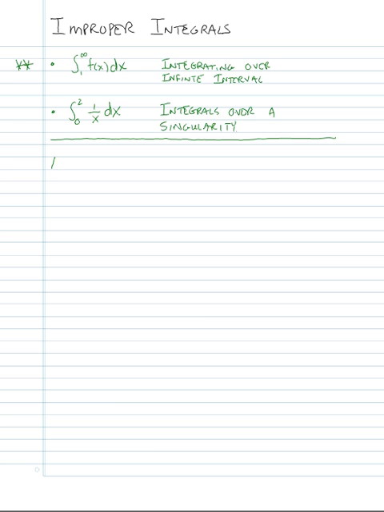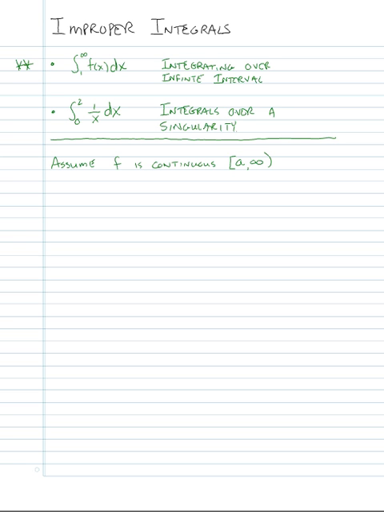So we assume we have a function f that is continuous over an infinite interval from a to infinity. This is one style. And we'll clarify this a little bit more as we look at the different examples.